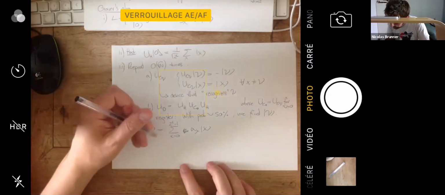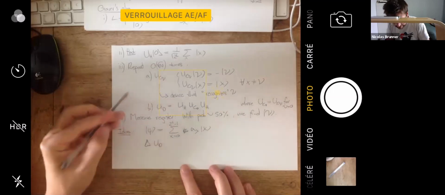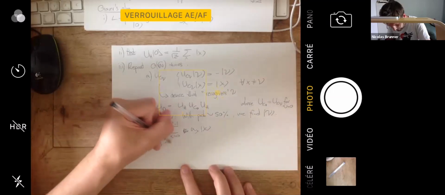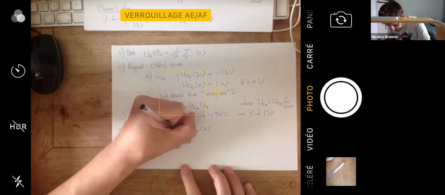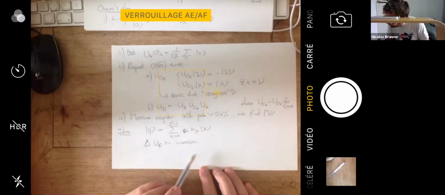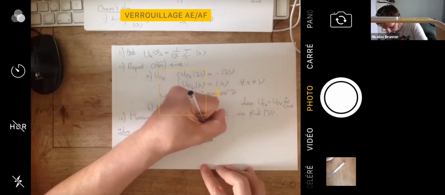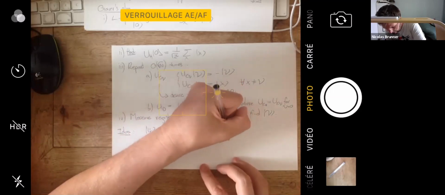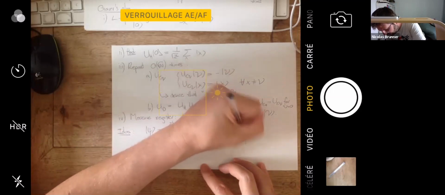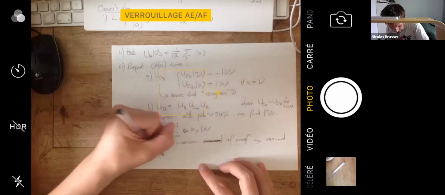Now here is the important thing. This operation, U_D, is doing an inversion. By inversion, we mean flipping the sign of these coefficients, but it's an inversion of coefficients alpha x around the mean.